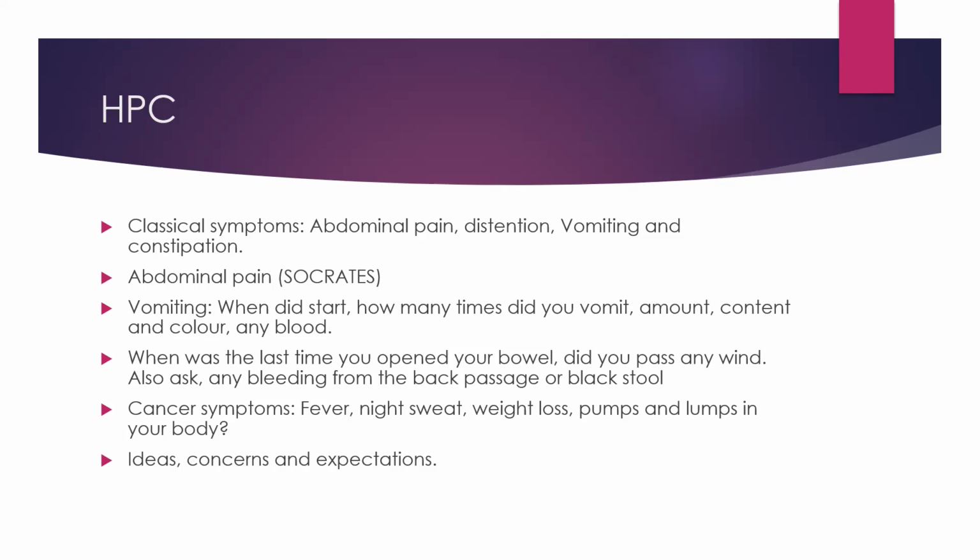Even if you review the systems, like GIT, you ask about urinary symptoms, any bleeding, melena and vomiting blood. So you have finished all the DDs, regardless of what the DD could be. Is it colitis, ulcerative colitis, whatever? So no more.